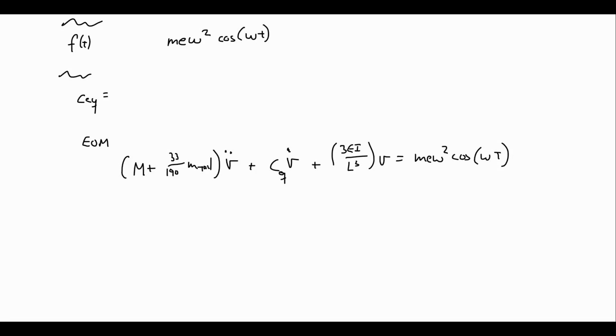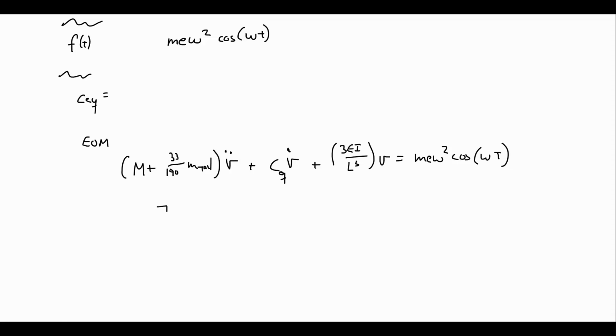And now we can put in some more details since we have some of these values given to us. So we know that M was 20 kilograms. We know the mass of the tail was 240. So I can fill in and find that the total equivalent mass then is going to be 76.6 kilograms.